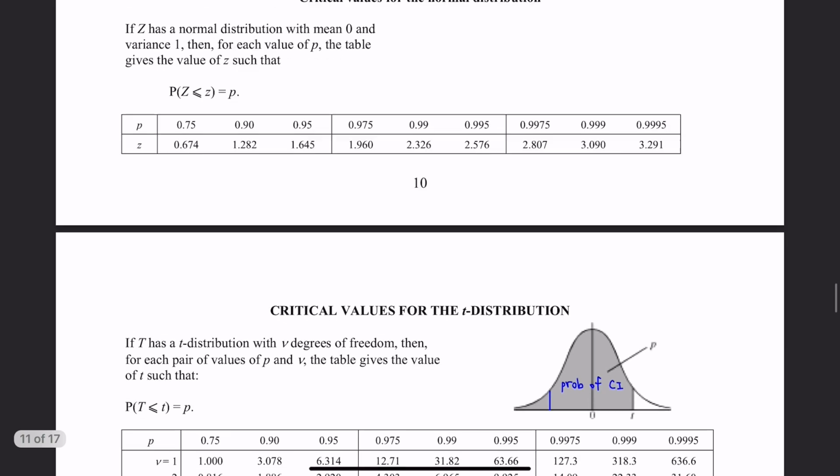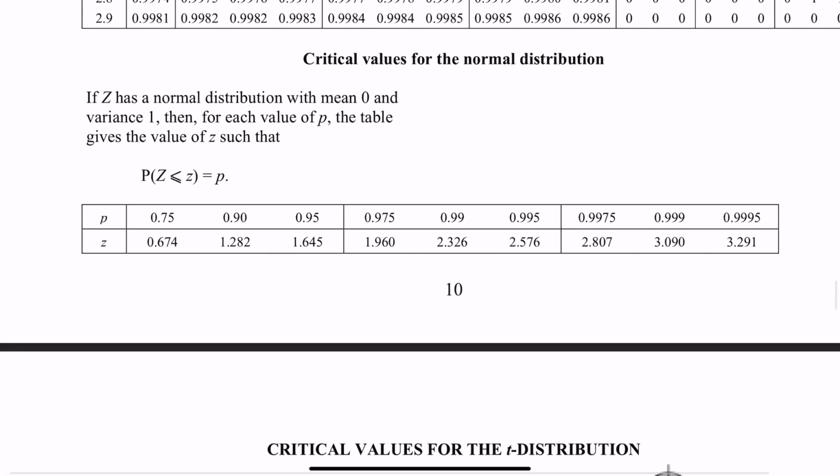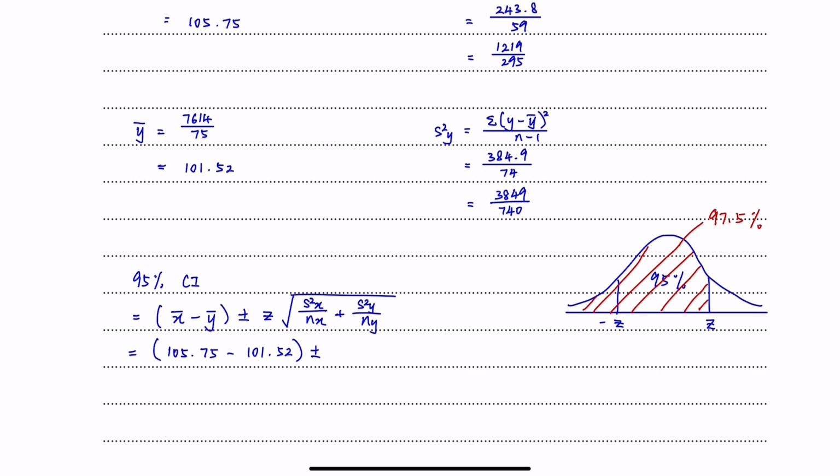Now we have to refer to the table. 97.5% is 0.975, so the z value would be 1.960. So we have 1.960 and square root 1 over 60 times 1219 over 295 plus 1 over 75 times 3849 over 740.